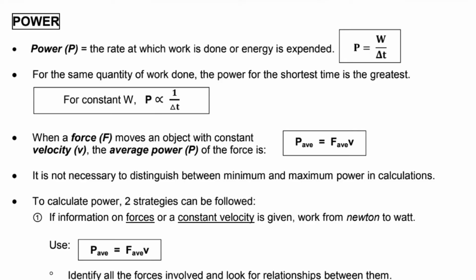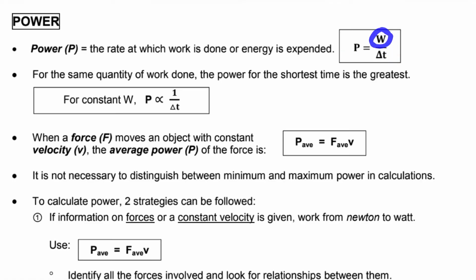Now, if you look at the formula for power, power is equal to work done over change in time. There's a proportionality between the power and the work, and the power and time. The shorter the time you do the work, the greater the power. Longer time, smaller power.